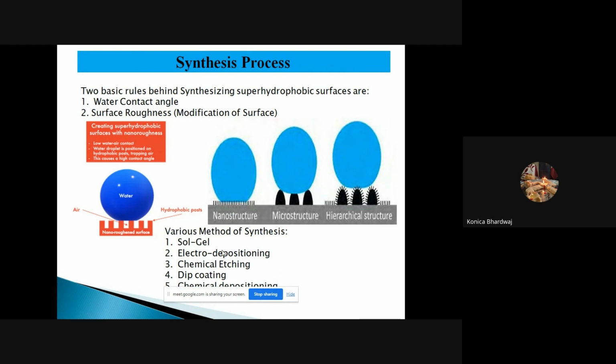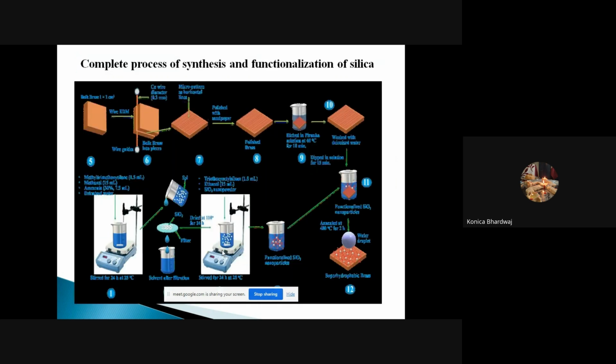and what we have done in the synthesis process is we used silica for this synthesis process, and we have synthesized silica hydroxide with a low surface energy material, that is triethoxyoctylsilane.